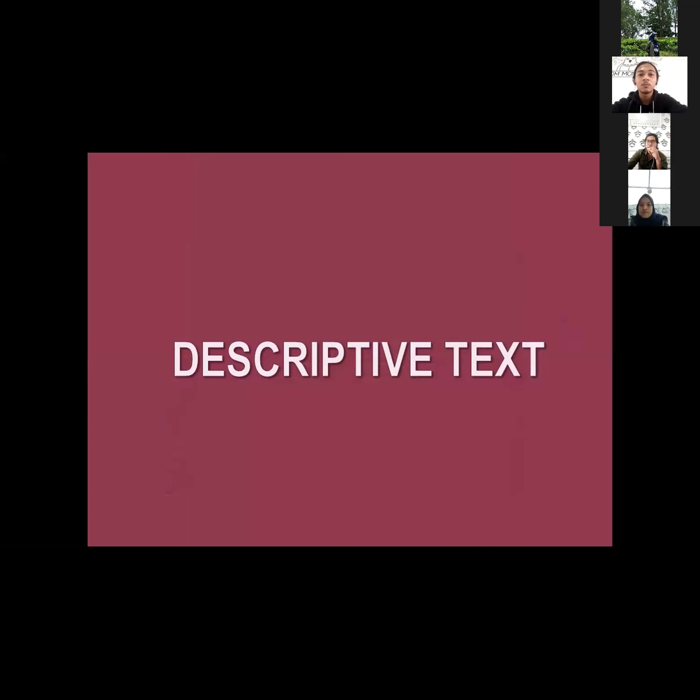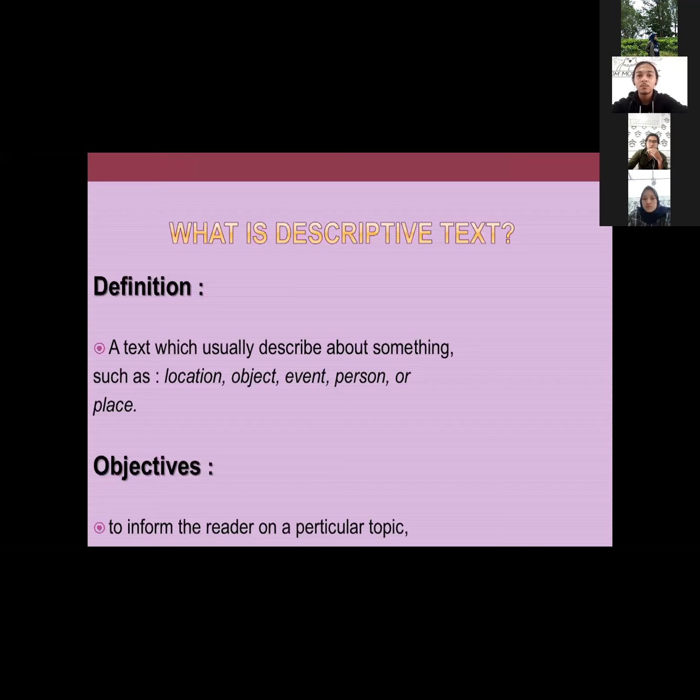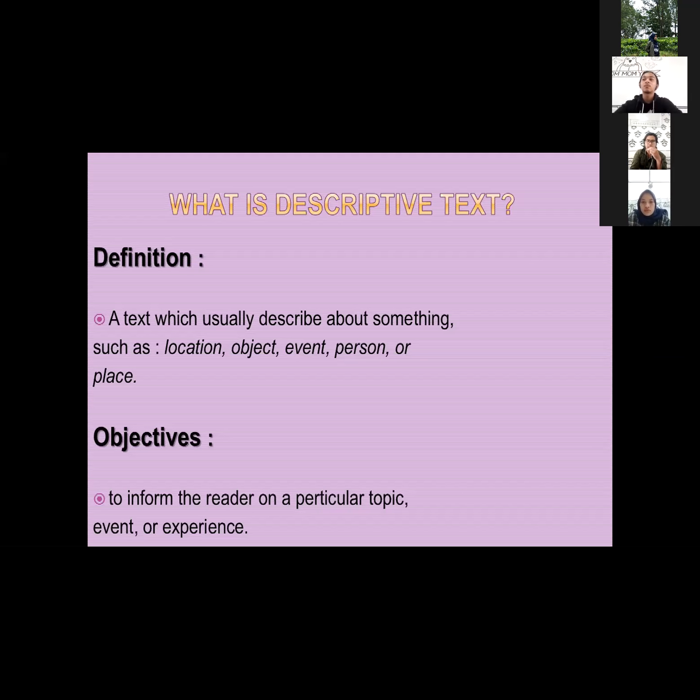So, today we are going to learn about descriptive text. Descriptive text is a text that usually describes something, such as location, object, event, person, or place. The purpose of the descriptive text is to inform the reader on a particular topic, event, or experience.